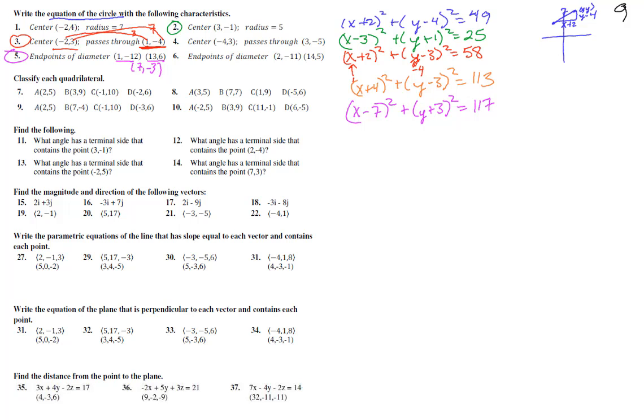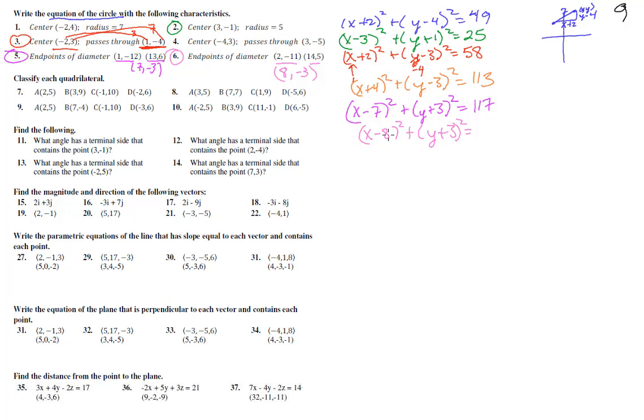All right, and the last one, number 6. Endpoints of the diameter, so let's average them. 2 plus 14 divided by 2, that's 8. Negative 11 plus 5, that's negative 6 divided by 2 is negative 3. So we get x minus 8 squared plus y plus 3 squared equals, and then let's stick them in, 2 and negative 11.